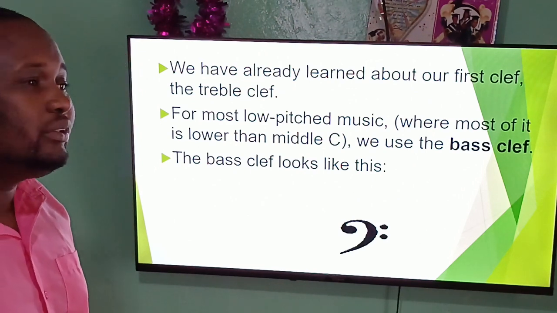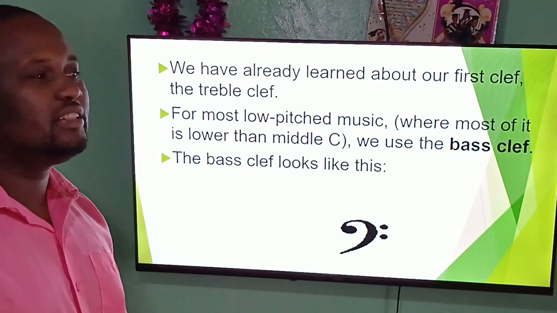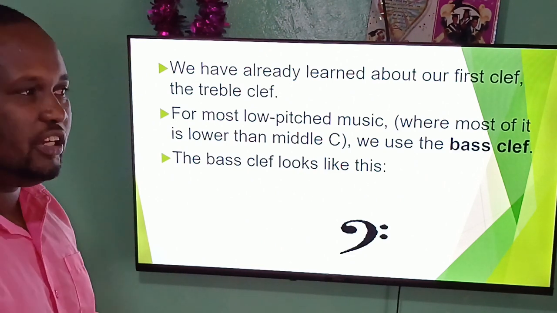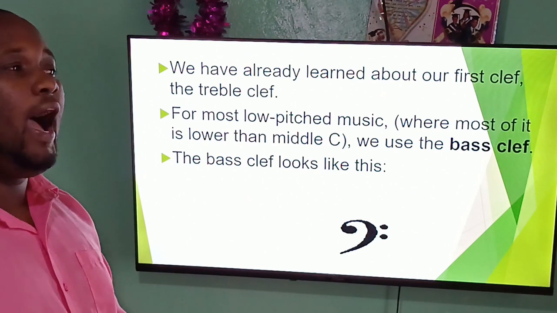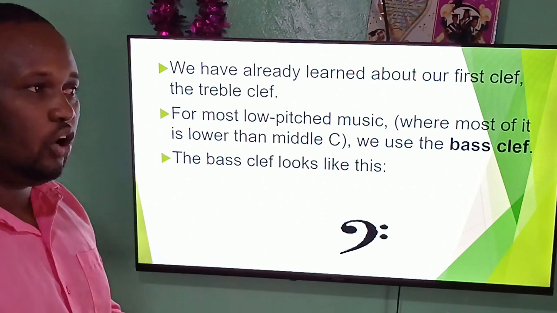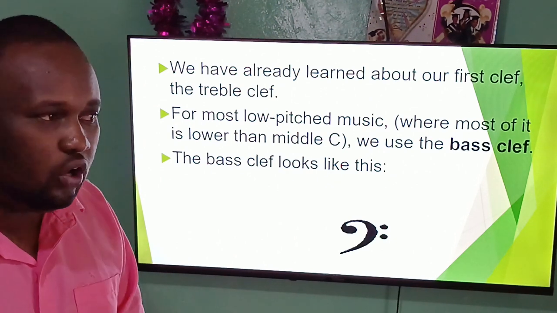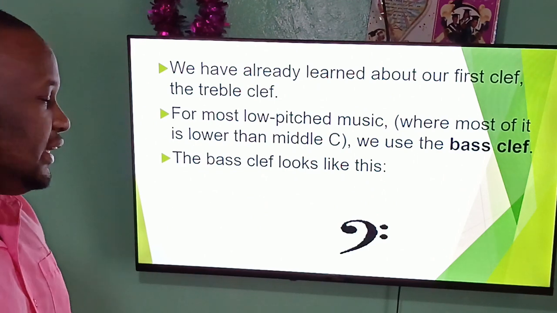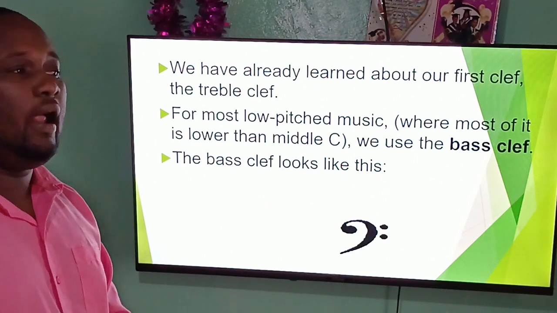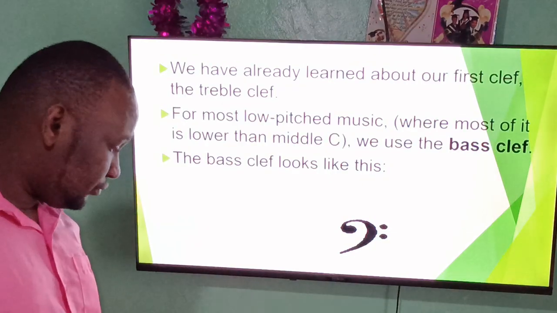We have 2 types of voices, female voices and male voices. In female voices, we have the higher female voice that is called soprano, and the lower female voice that is called alto. For male voices, we have a higher male voice that is called tenor, and the lower male voice that is called bass.